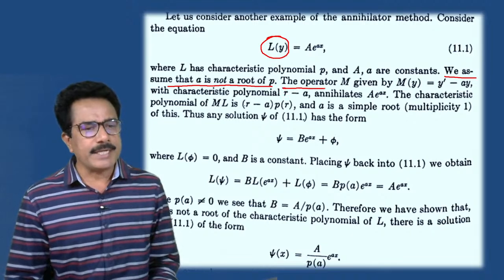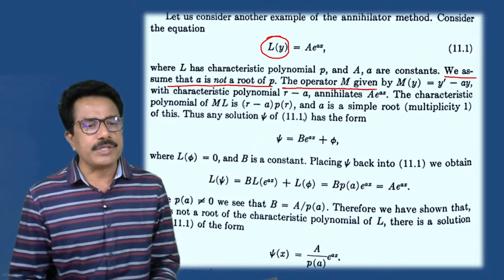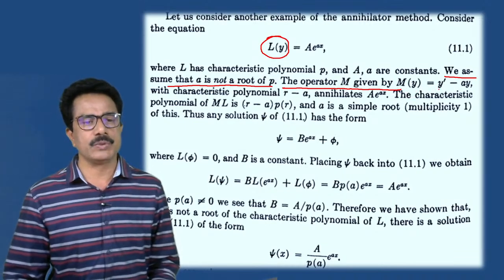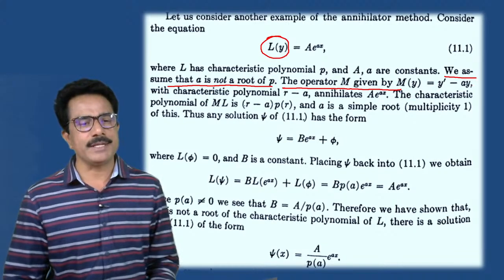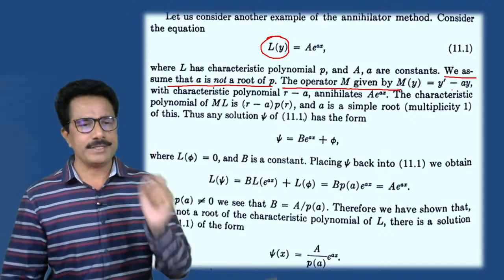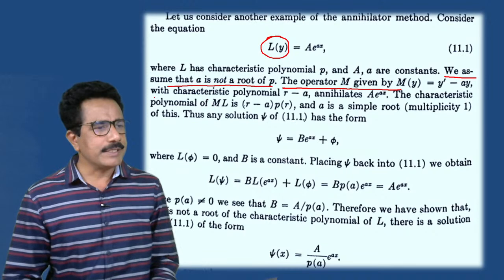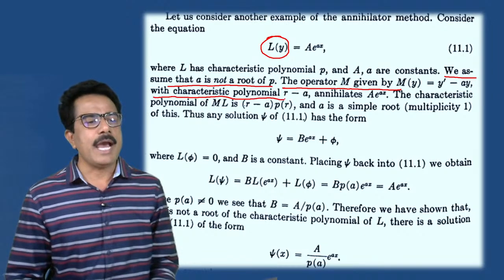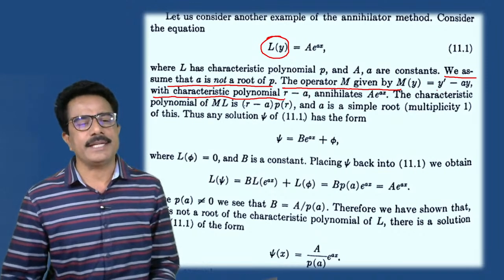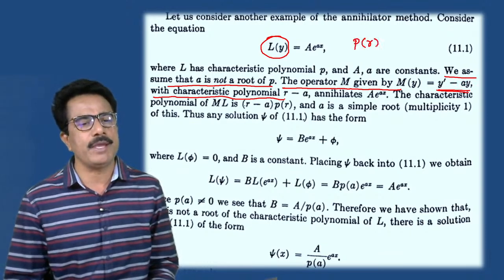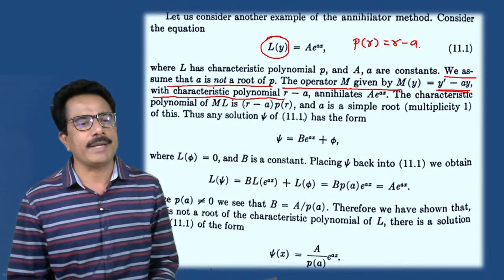The operator capital M given by M of y equals y' minus ay, with the characteristic polynomial r minus a. Now what is the characteristic polynomial of y' minus ay? It is p of r equals r minus a.